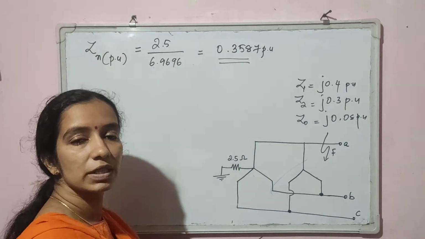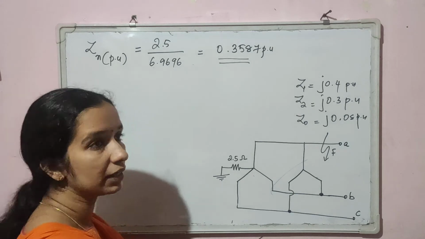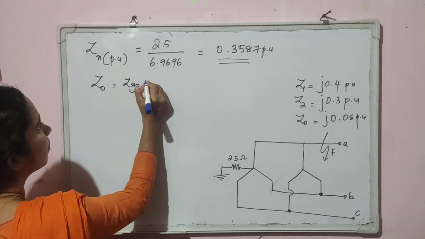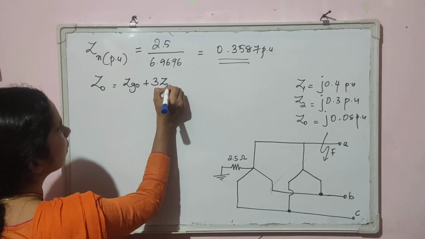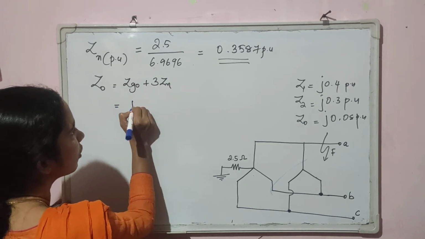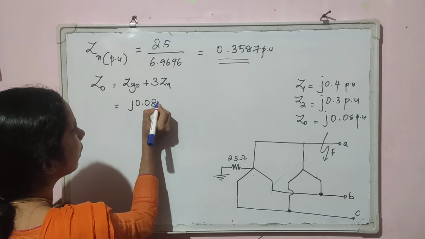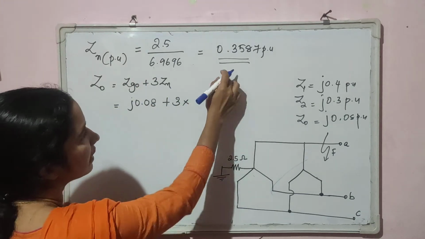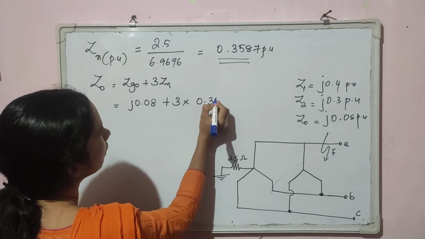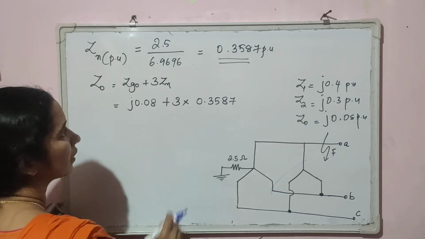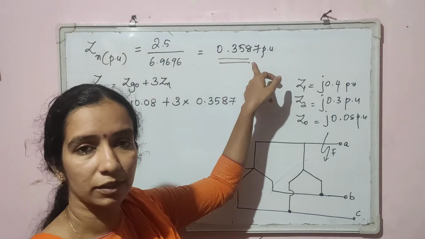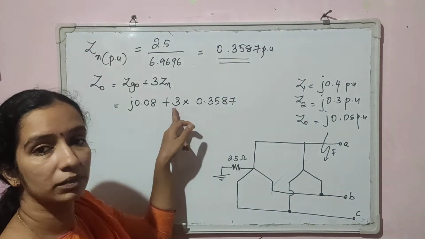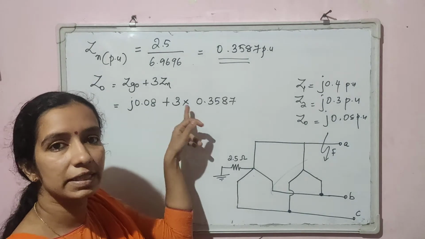Now the total zero sequence impedance will be, Z0 is equal to Zg0 plus 3Zn. We have Zg0 as J0.08 per unit plus 3 into Zn. Zn is 0.3587 per unit. So this is a resistance, so this will be the real part of this particular impedance Z0.